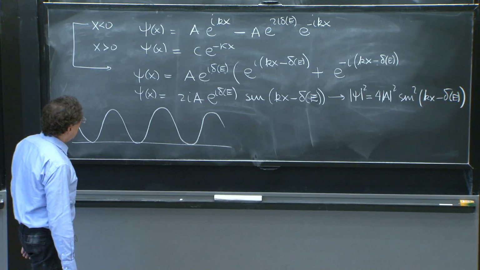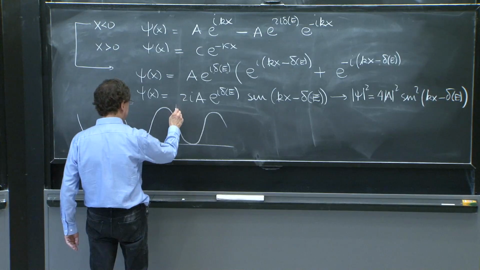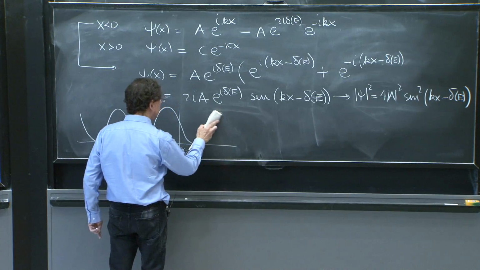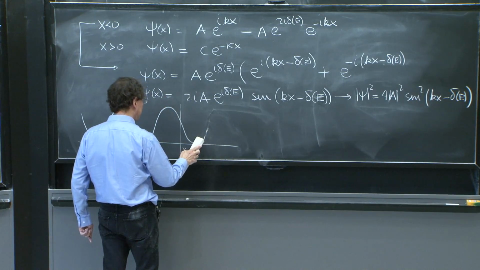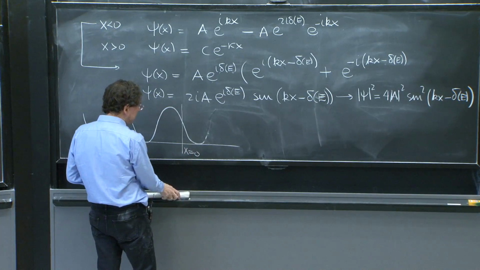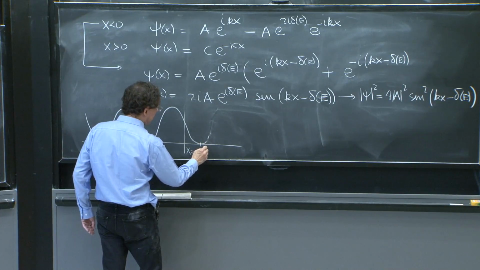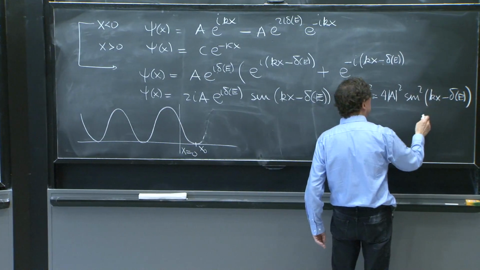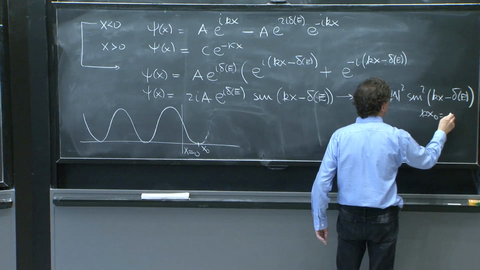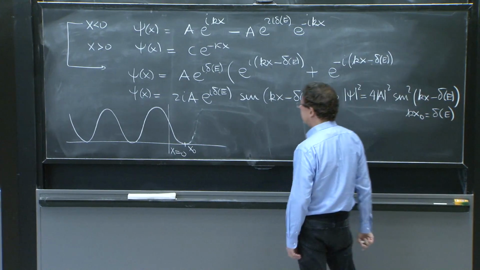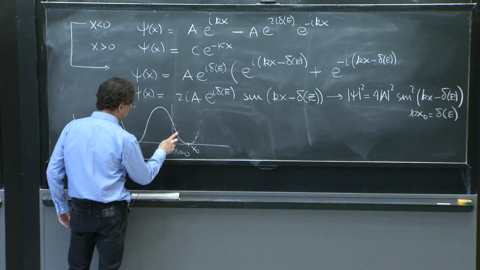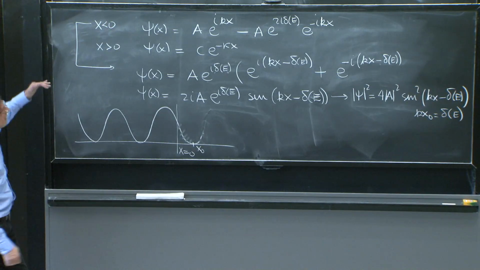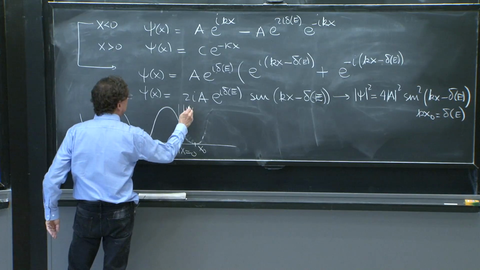Okay, I'll say x equals 0 is here. So this is not really true anymore. But this point here is x0. It vanishes at the point at which kx0 is equal to delta of e, and the sine squared vanishes. So this is not a solution either. The solution is like that, and this is for psi squared.